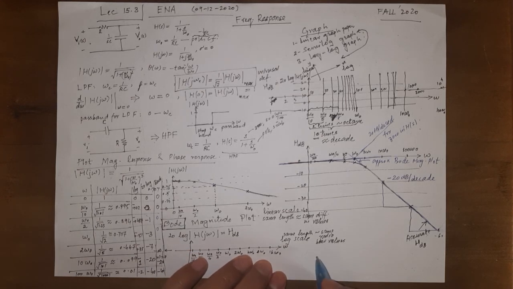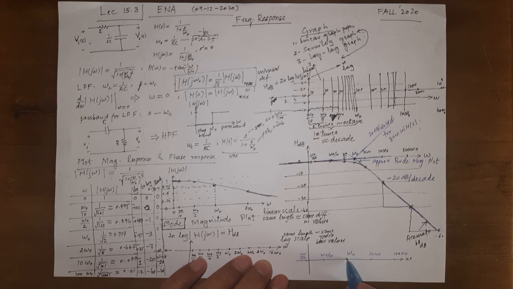Now if I get back, you can see it is very simple to draw the same transfer function according to the Bode approximate plot. Let us take this to be omega naught, then omega naught by 10, 10 times omega naught, 100 times omega naught, omega naught by 100, and so on.